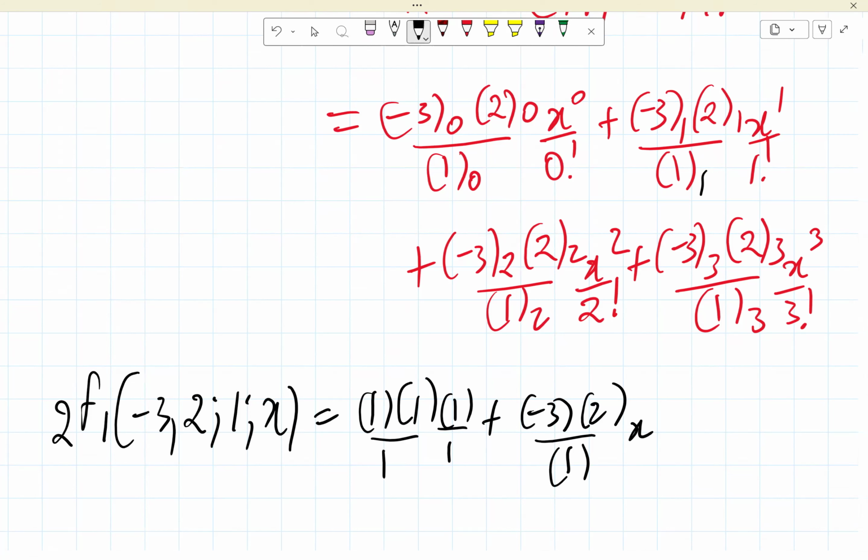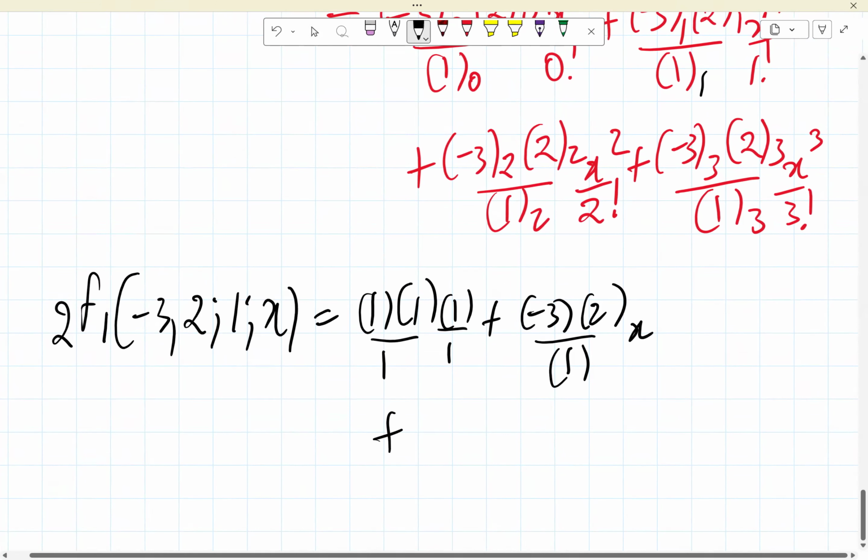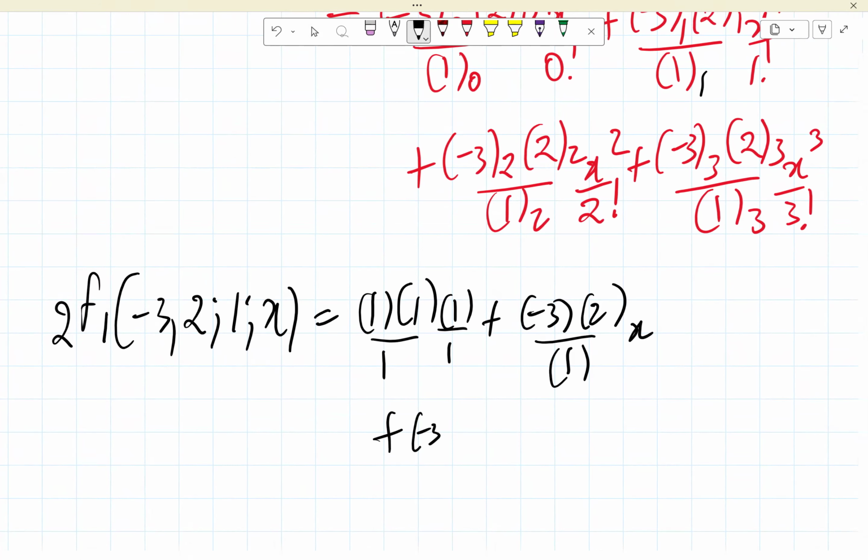Then for this now, we have plus minus 3 sub 2. Minus 3 sub 2 will just be minus 3 times minus 2. Then 2 sub 2, that's 2 times 3, all over 1 sub 2, that's 1 times 2. Then x squared, and 2 factorial is still 2.